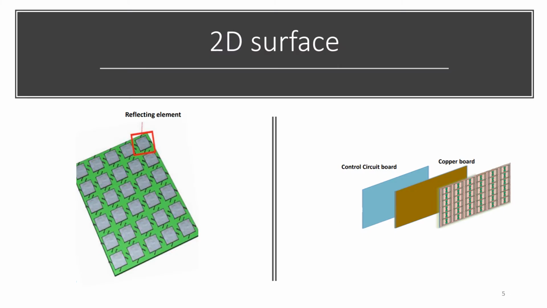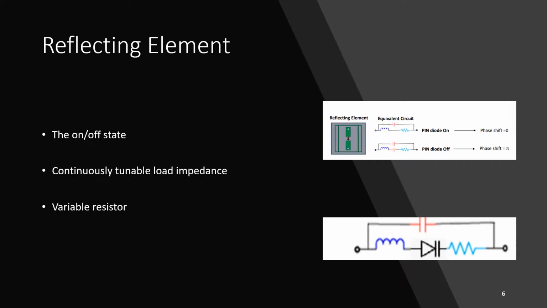The 2D surface contains a large number of reflecting elements and 3 layers. The first layer contains all the reflecting element component, and the second layer is the copper board, and the third layer is the control circuit board. This control circuit will be used with the IRS controller.